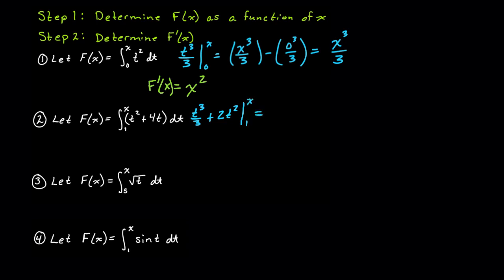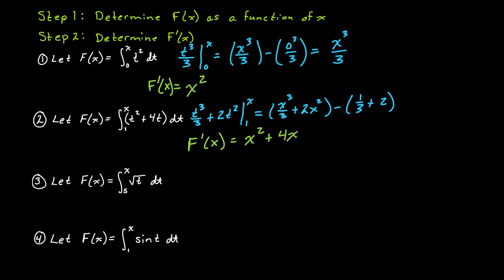So substituting x in, you're going to get x cubed over 3 plus 2x squared minus, and then 1/3 plus 2. And then our derivative of that answer is going to be x squared plus 4x, and then the derivative of this, that's a constant, so that just is going to be 0.